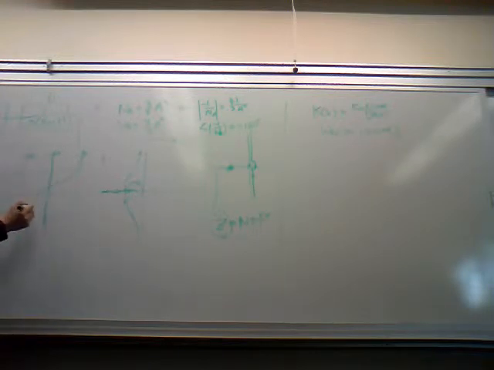If we could make this L or KL do something like this, okay? Then this point right here is going to give you a stable limit cycle.